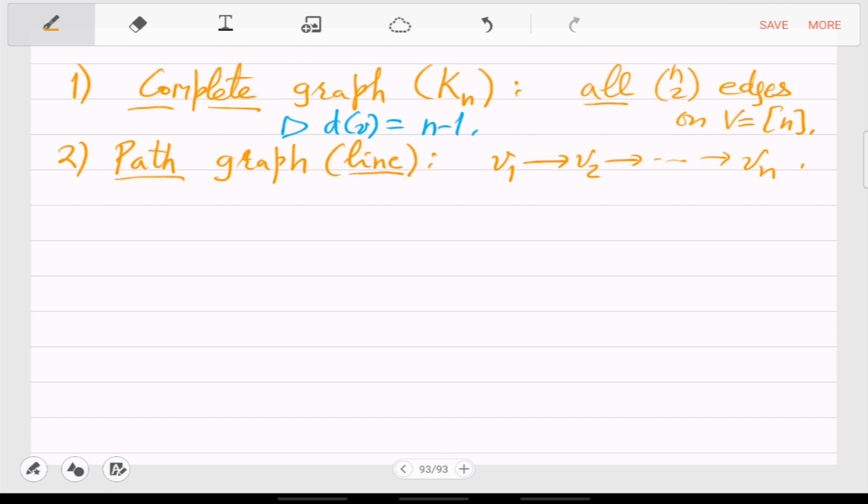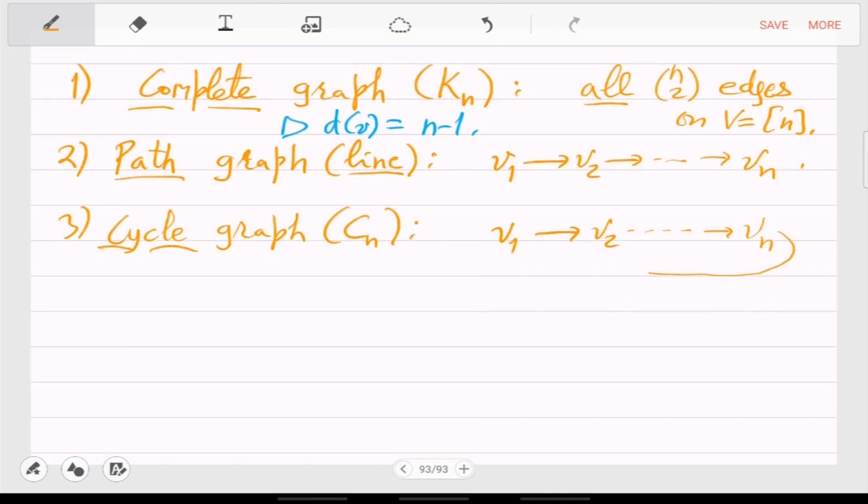Then there is the cycle graph, called Cn. Here the same thing as above happens, but then you also have the ability to go back. So this is the cycle graph Cn: n vertices, n edges.